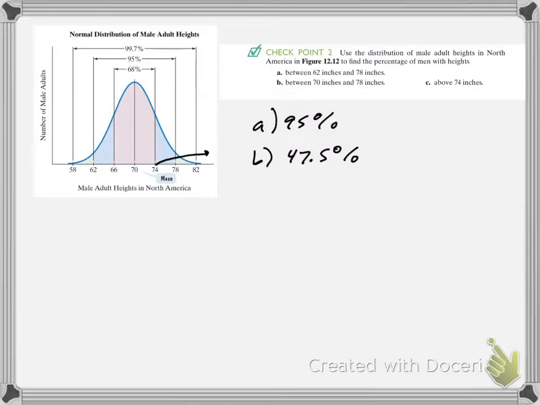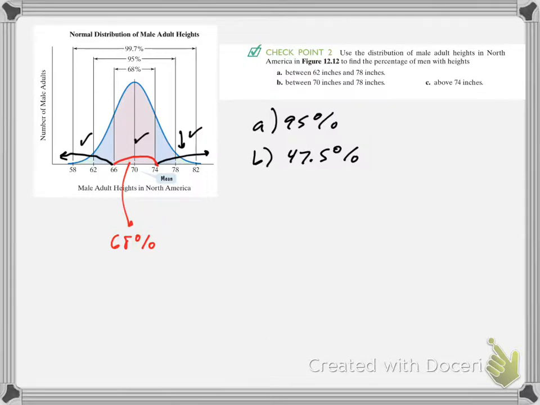A way to think about that is that this range right here is 68, right? Okay, this range is 68. So we know that this little wing right here and this little other wing have to add up. All three of those have to add up to 100.